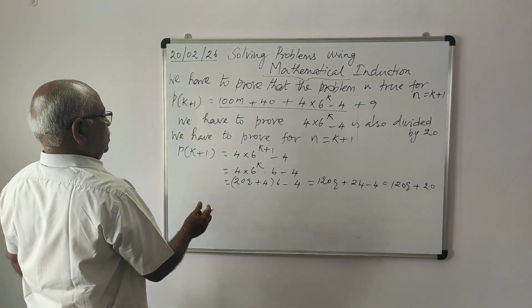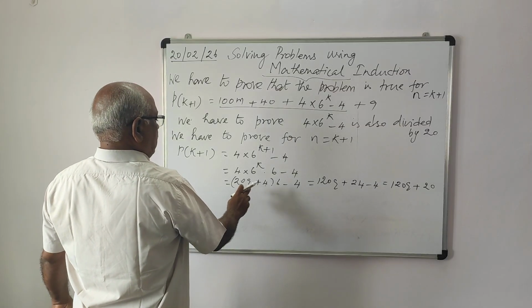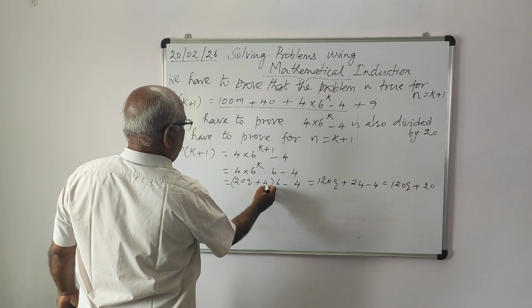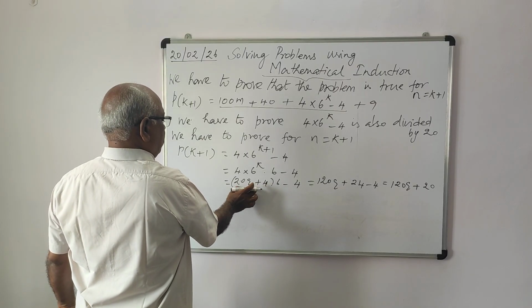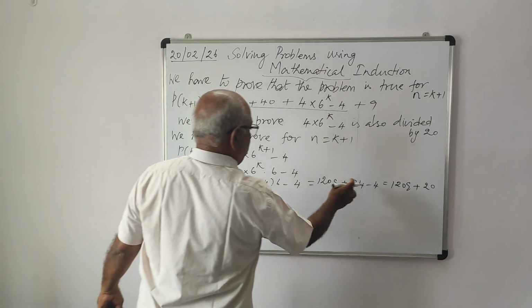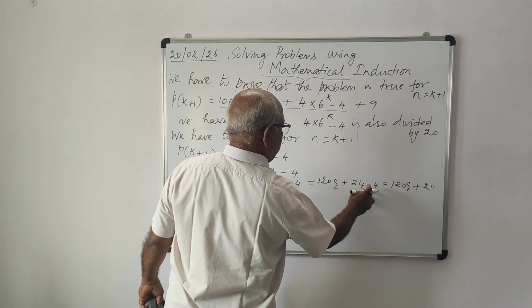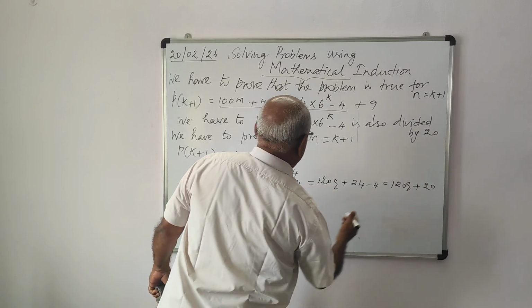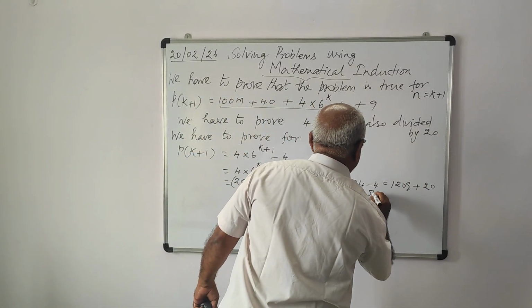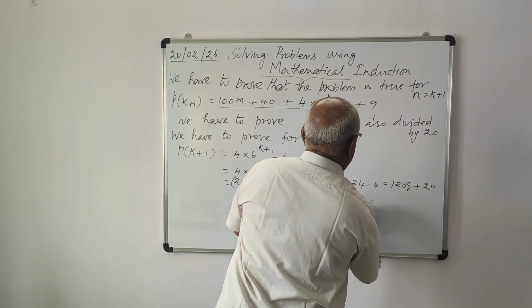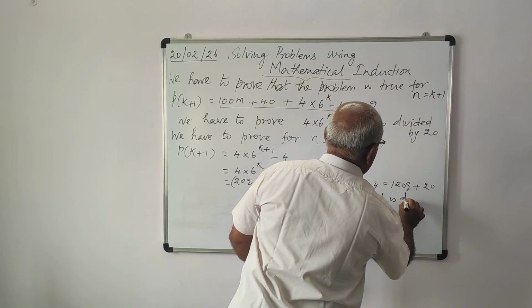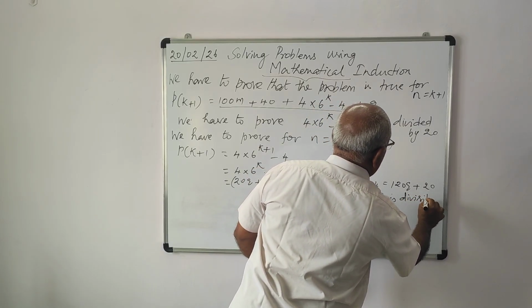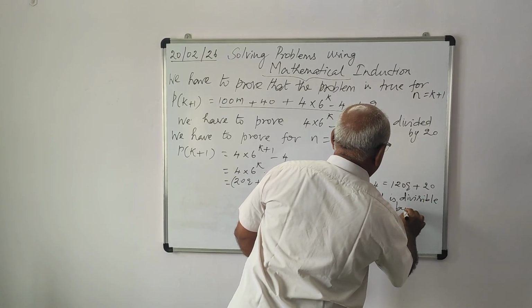So this is also 20q plus 4 into 6 is 120q plus 24 minus 4 is 120q plus 20. So this is divisible by, which is divisible by 20.